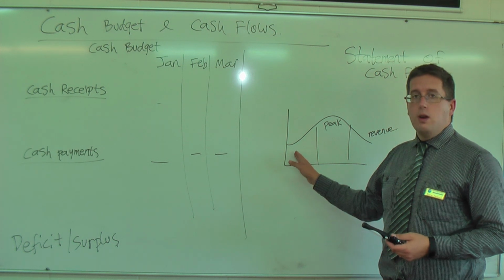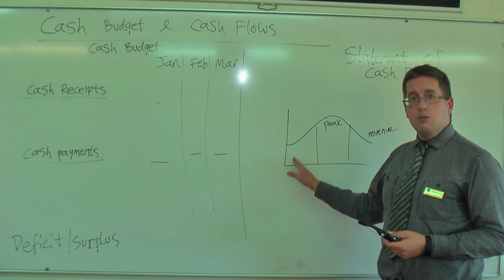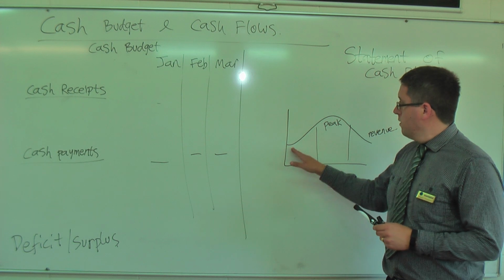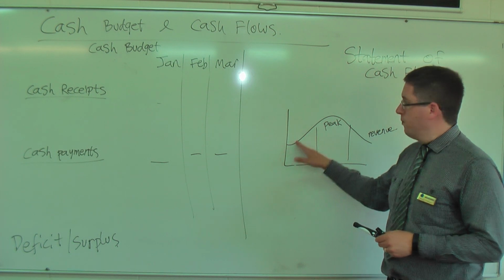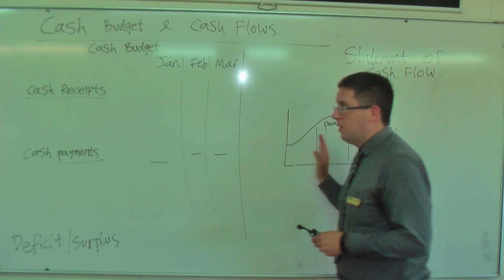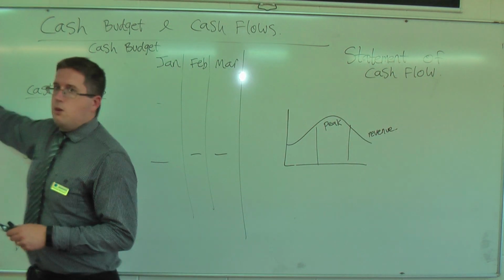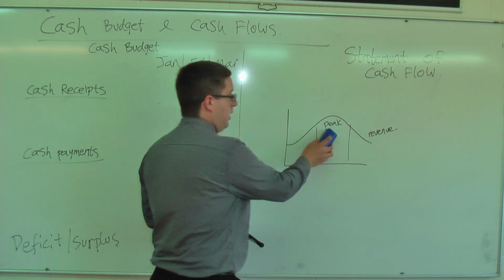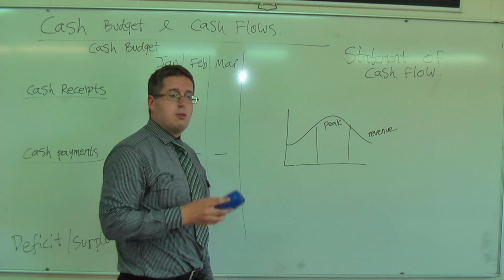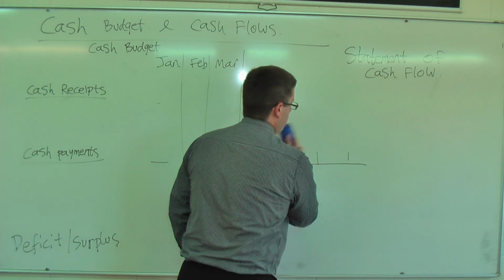So you don't have quite enough cash coming in, but the expenses are still there, you have to pay the bills. And so sometimes these can be the times of cash deficits, but your peak season is your times of cash surpluses. So it's being aware that when you've got a peak time, making sure you keep enough surpluses to get you through those times of cash deficits.